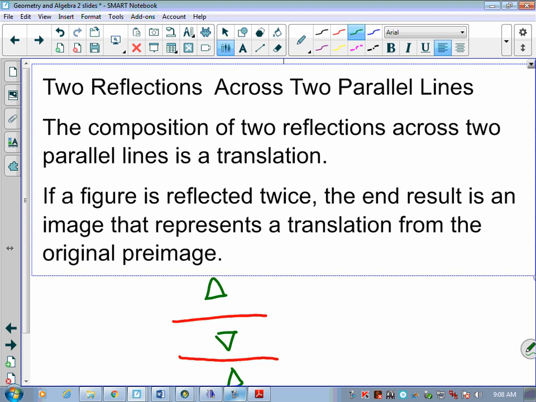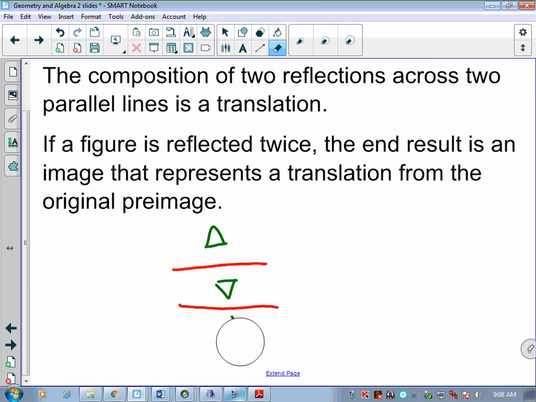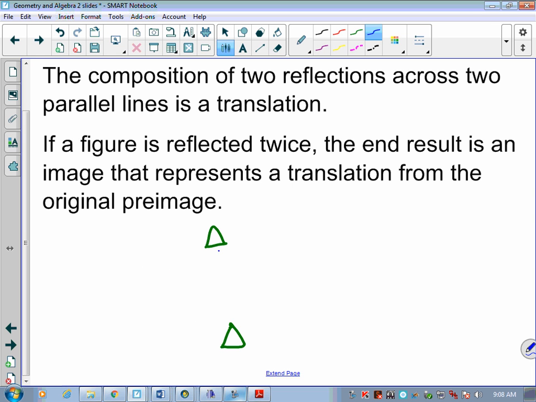Maybe if I slide down here a little bit, we'll fix this. I'm going to get something that looks roughly like that. So the reflection across two parallel lines ultimately ends up as a translation, because if I look, does it maintain the orientation?